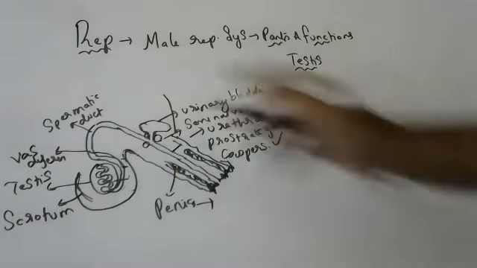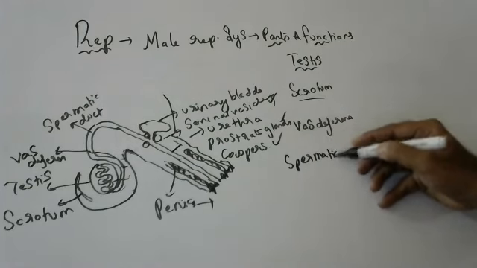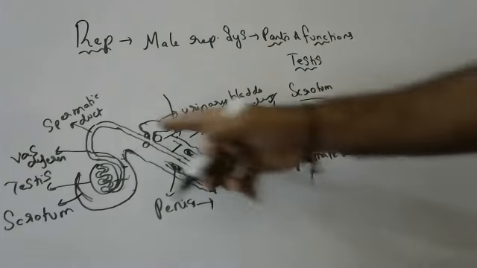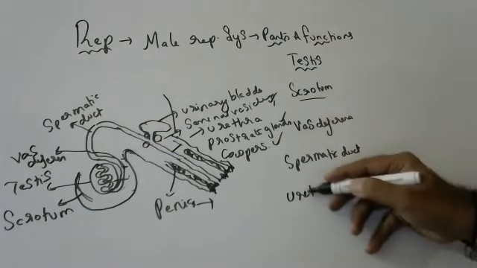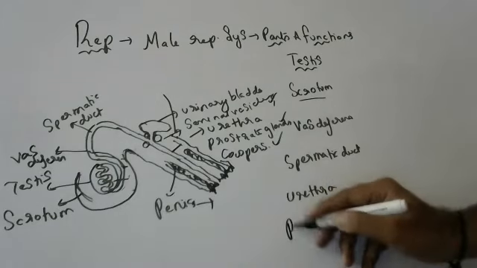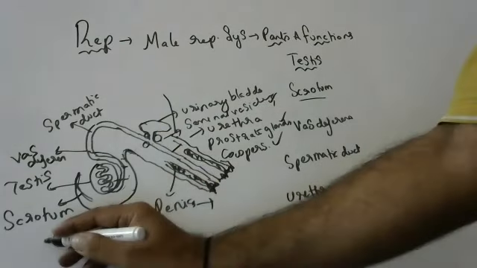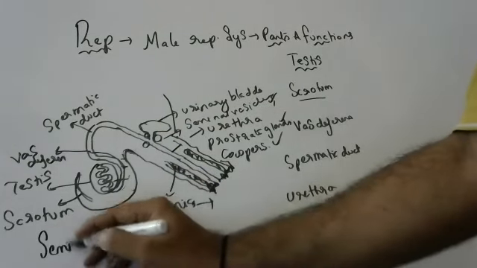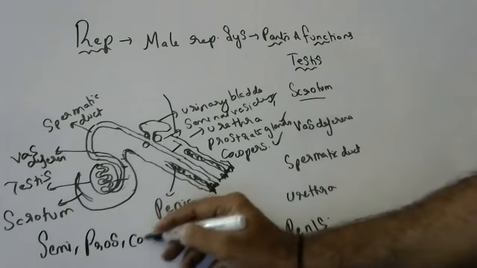From the vas deferens, the spermatic duct comes. Once the spermatic duct takes the junction from the bladder, it becomes the urethra. Because it is a sensitive structure, it is protected by the penis. And the three glands present at this junction are the seminal vesicles, prostate glands, and Cowper's glands.